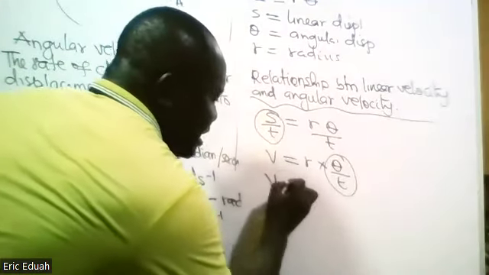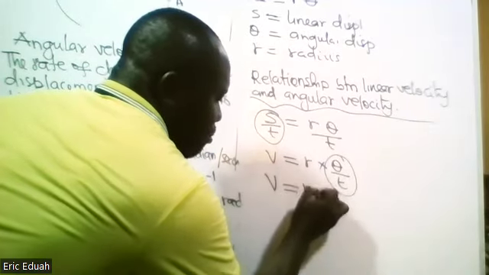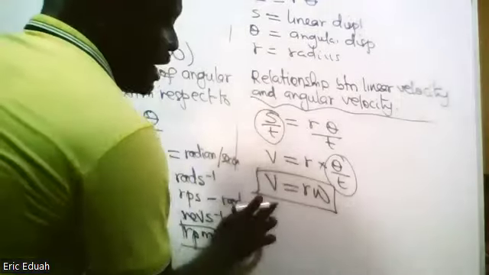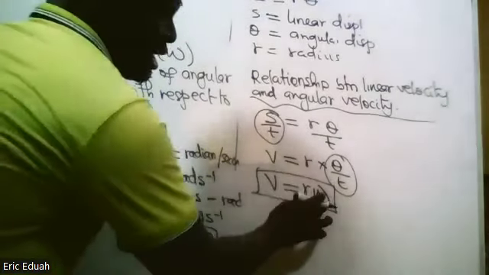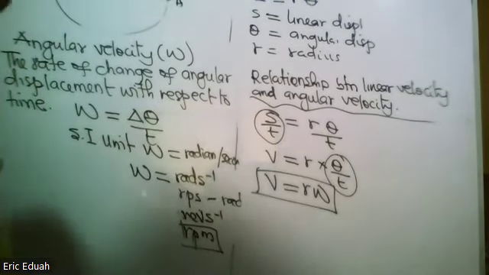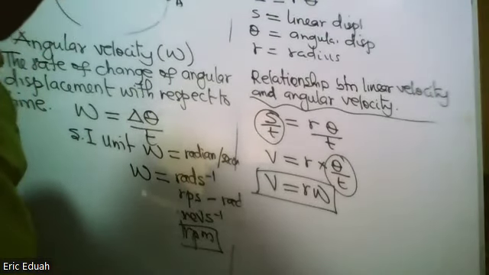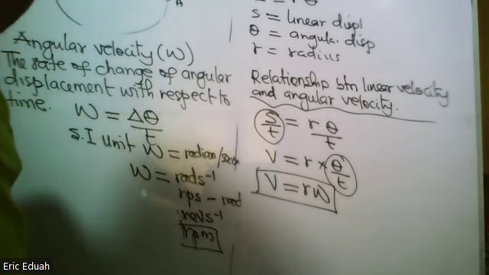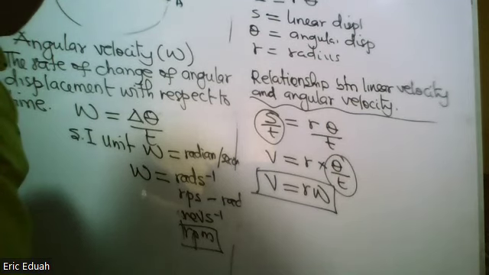So we have v is equal to r omega. And this is the relationship between linear velocity v and angular velocity omega at the center.